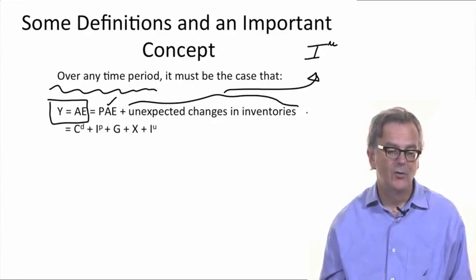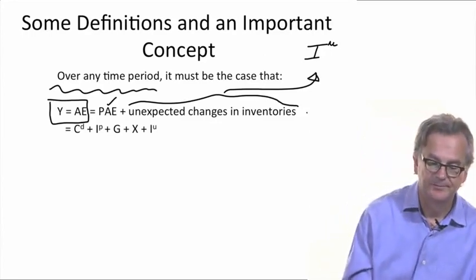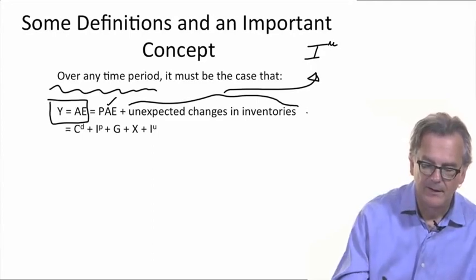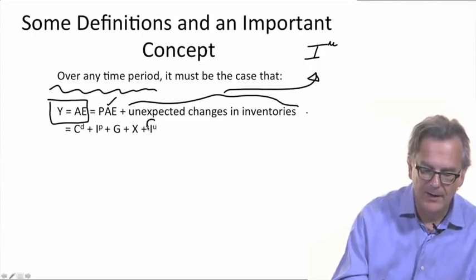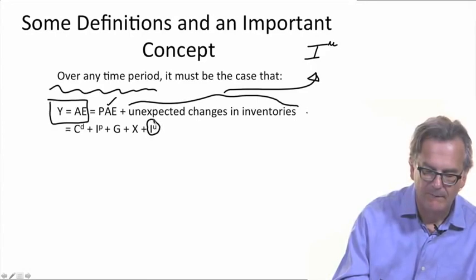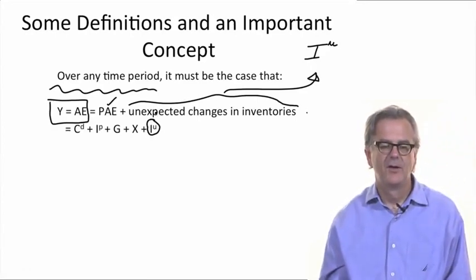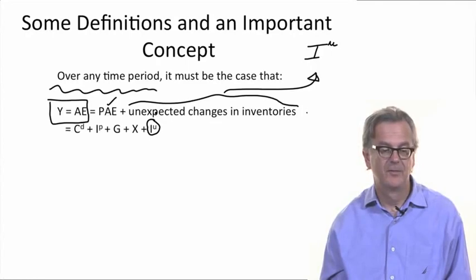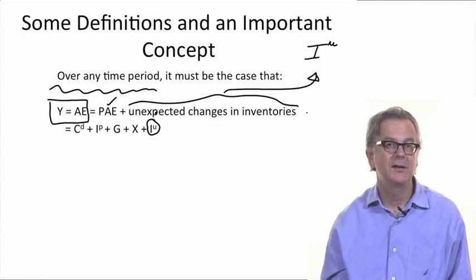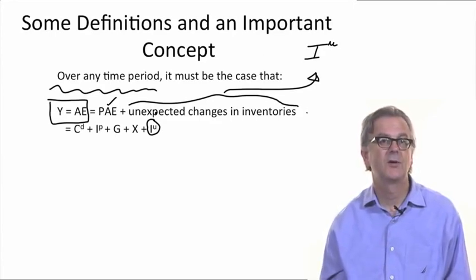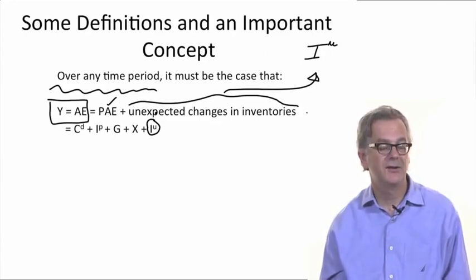So let's write all of this in symbols. Here, let's start at the right, is our unexpected investment. Everything else in that line represents a component of planned aggregate expenditure. So we have C with the superscript D standing for household consumption of domestically produced goods and services.